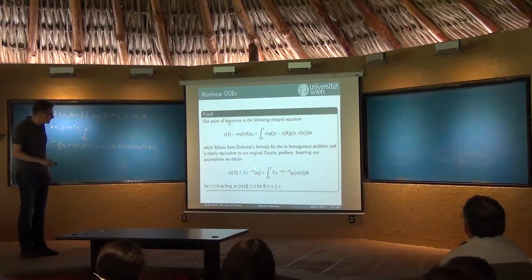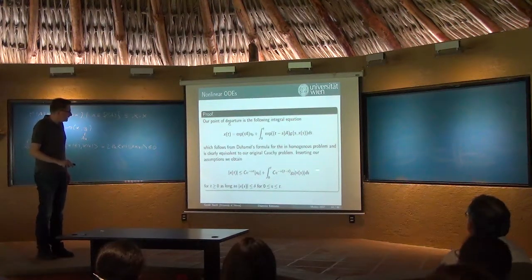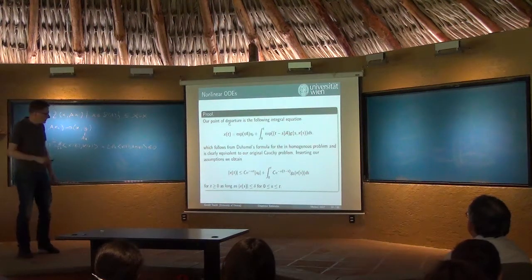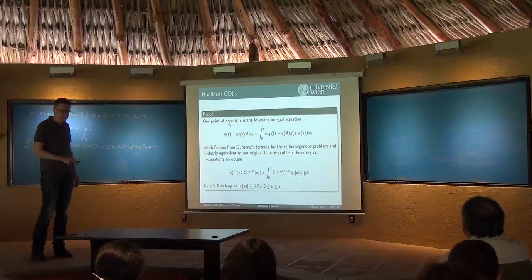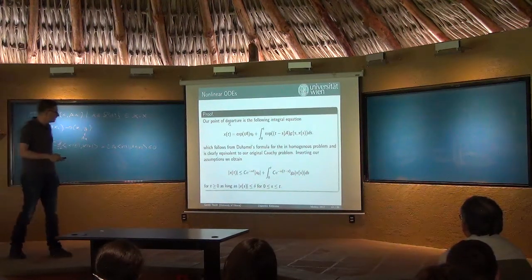We just plug in the estimate we have assumed for our system, and then we get this estimate here for the norms. And of course, be aware that this is only valid as long as the estimate for our perturbation is valid, so only in our delta ball right here.